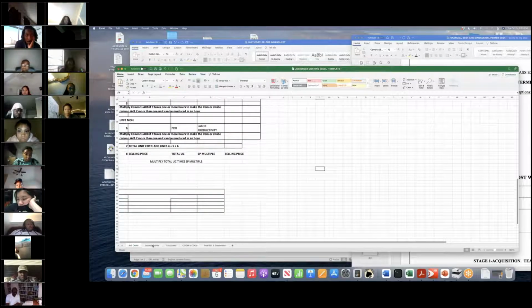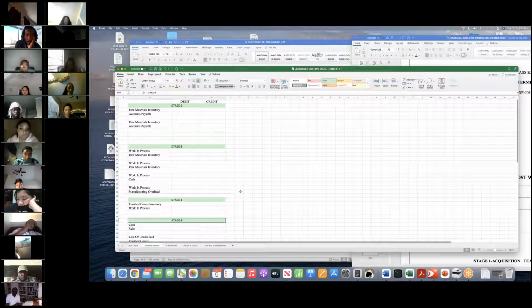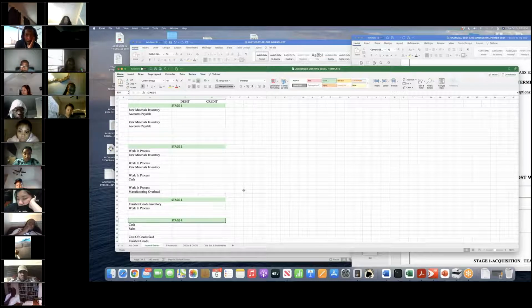Okay. Then we make the journal entries. And we will begin to make those journal entries. And notice I just got them in stages. Stage 1, we buy the raw materials. Stage 2, we do all the work on the item.